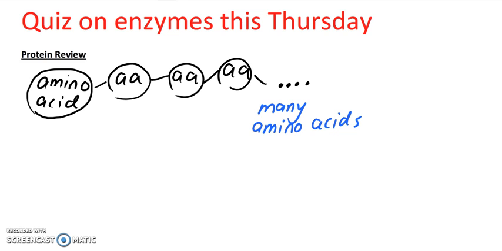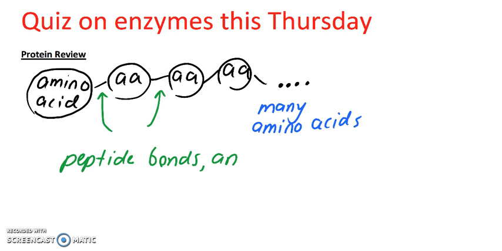The bonds that link these amino acids together, we call peptide bonds. These are an example of covalent bonds, which consist of two electrons being shared.